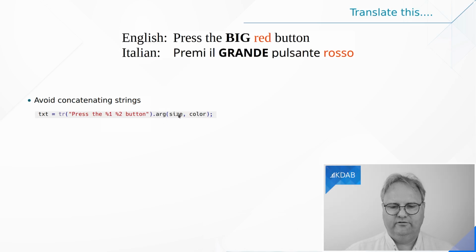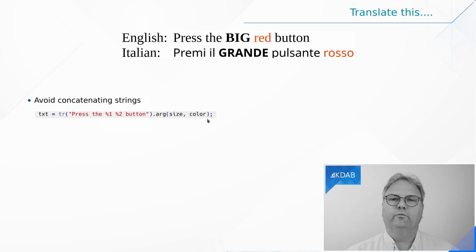But if you call .arg(size), parenthesis close, .arg(color), then there is a risk that someday you'll have a QString here, and that QString will have a %1 in it, for example. And well, it's not going to be a problem here because we only have two of these. But if it had a %1 and there was a %3 here, then that would be put into the position of the %1. And maybe, well, you get my idea. The point is that the tr is a QString. .arg returns another QString, and then you .arg again. And there is this problem with that.